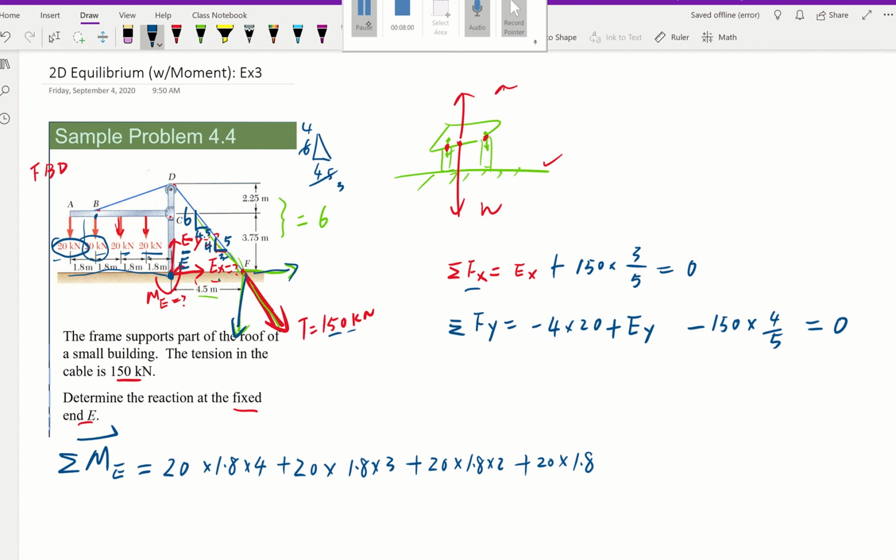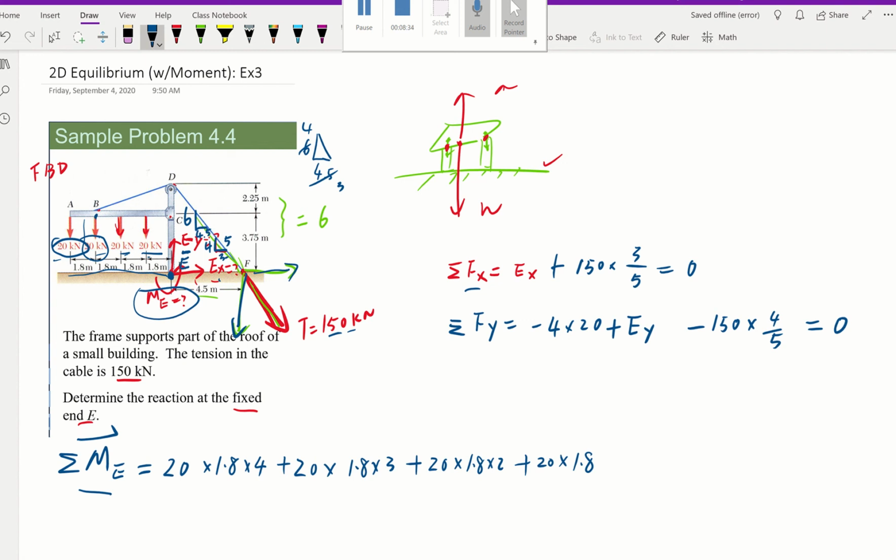Now we move to EX and EY. We know EX rotating about E is 0, and the same for EY, because they go through point E. However, there's one very important thing: this ME is going to be in your equation. E is a fixed support, and this ME is produced because it is a fixed support. This ME has nothing to do with the ME right here, which is the moment equation.